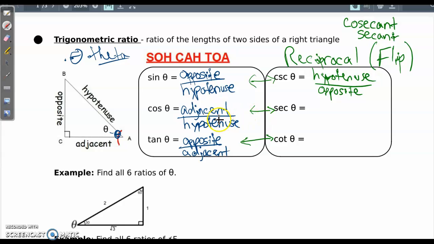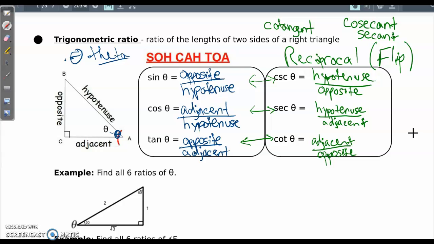And if we take the reciprocal of cosine, it's going to be hypotenuse divided by the adjacent. COT is cotangent, or the complement of tangent, and that reciprocal function is the flipped of tangent, adjacent divided by the opposite.